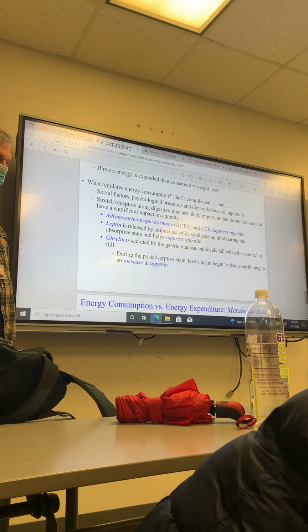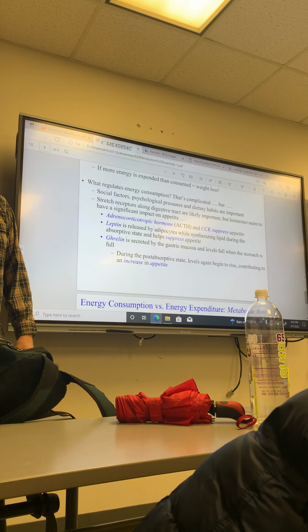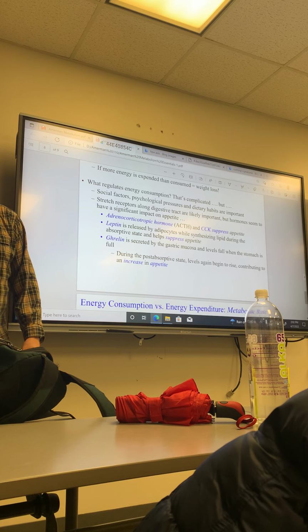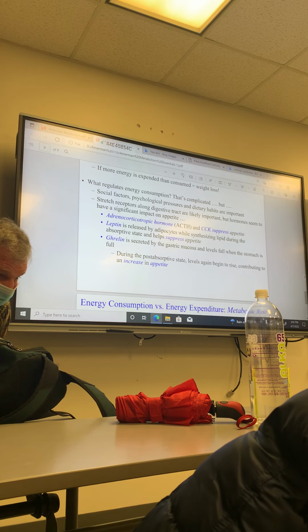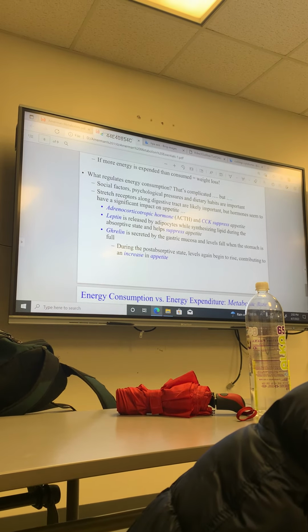So in this case, it's the decreased appetite? Yes. These first two, CCK, and this is a relatively new hormone that was discovered called leptin, which is a hormone that's released from adipose cells that also tends to suppress appetite.